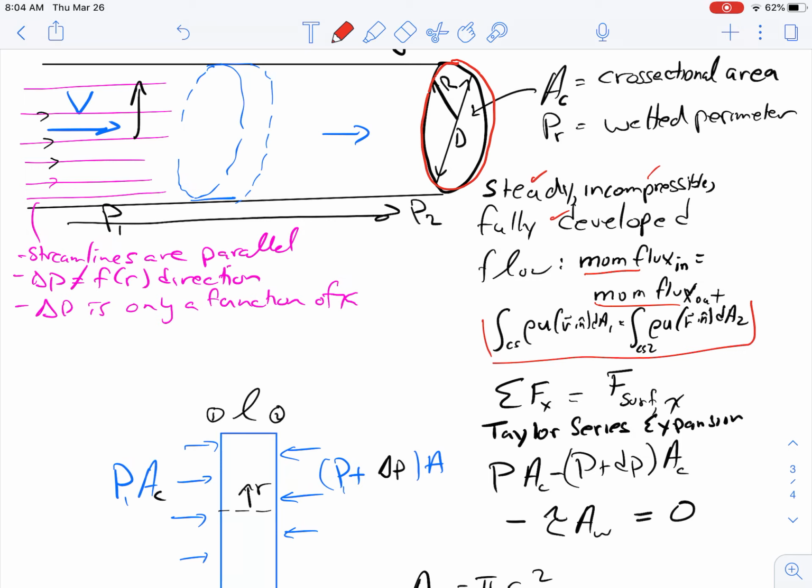As a result, in our total integral momentum equation, these cancel out. And since it's steady, we're simply left with a balance where the sum of the surface forces in the x direction should all be equal to 0.